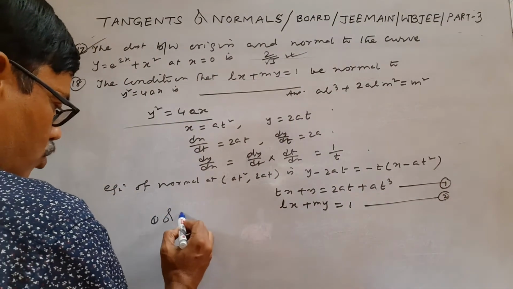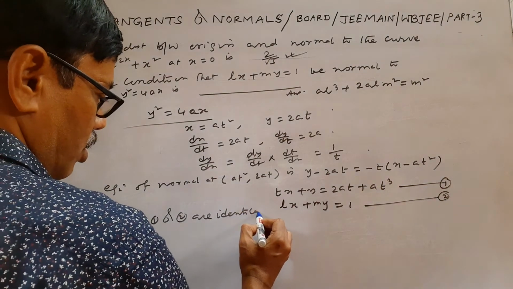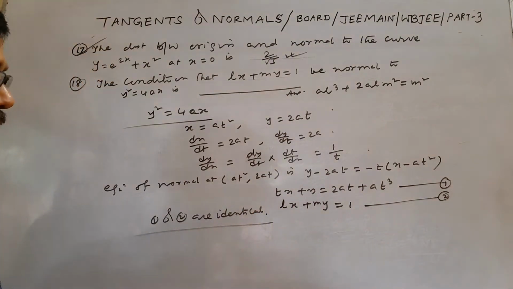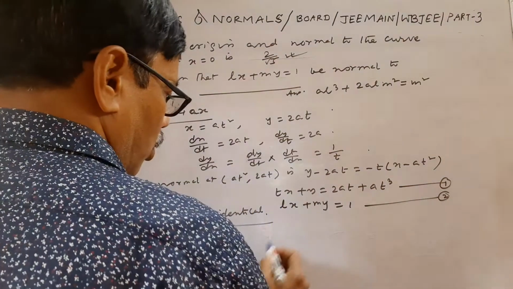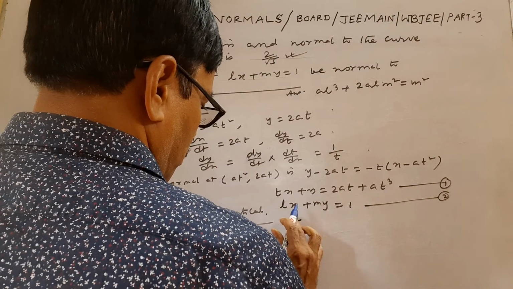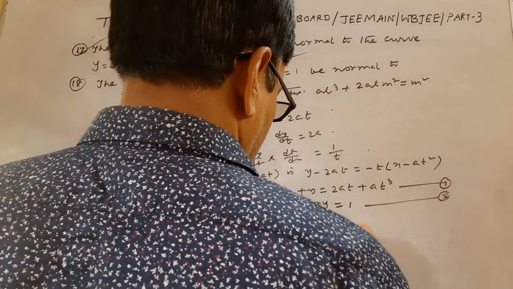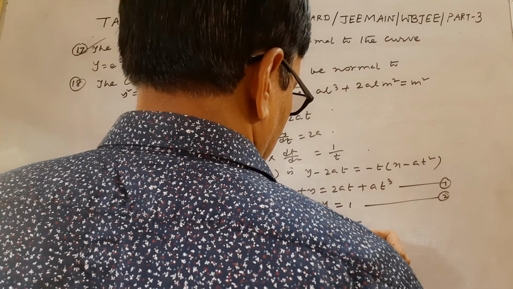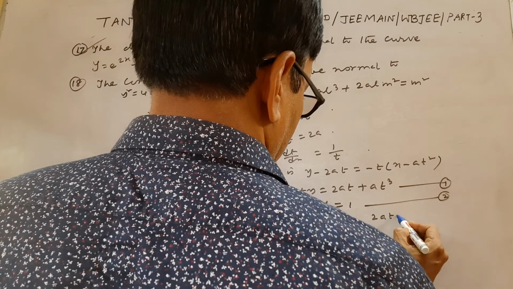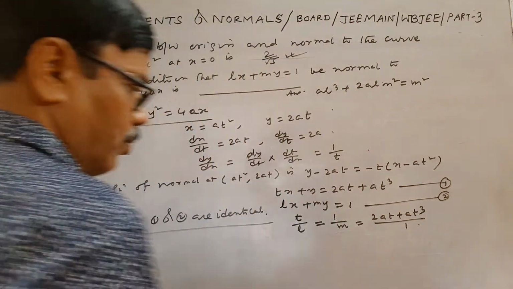Therefore 1 and 2 are identical because they represent the equation of the normal. So t by L equals 1 by m equals 2at plus at cube by 1.